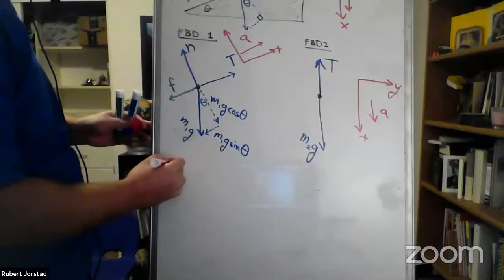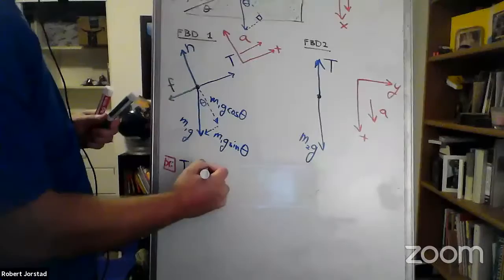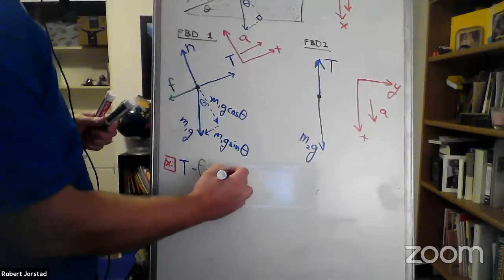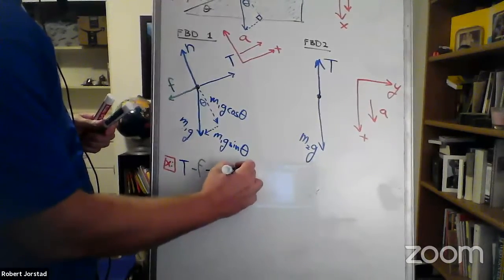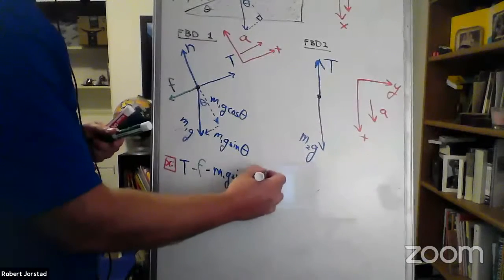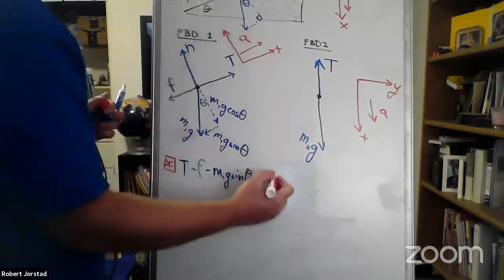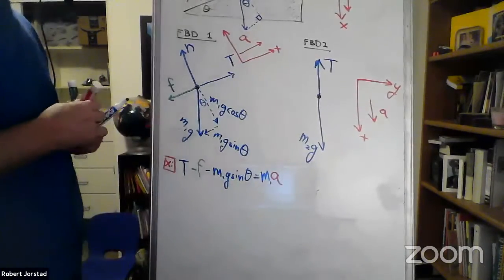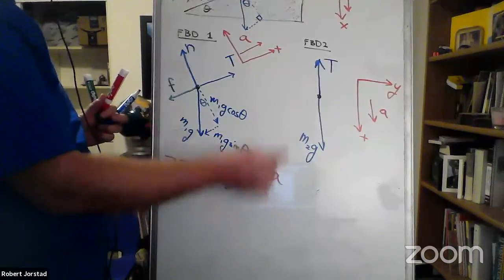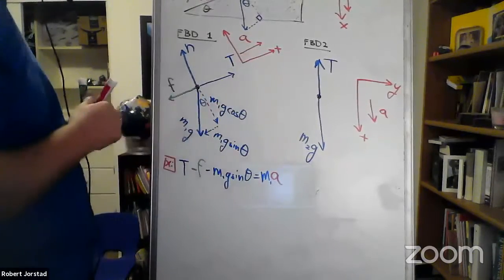So sum of all X equals T minus F minus M1 G sine theta. Correct. Is that the force equation? Equals M1A. Yeah, there we go. Nice. So AX in this case happens to be A. So we could write AX here, but all of it's in the X, so AX equals A.